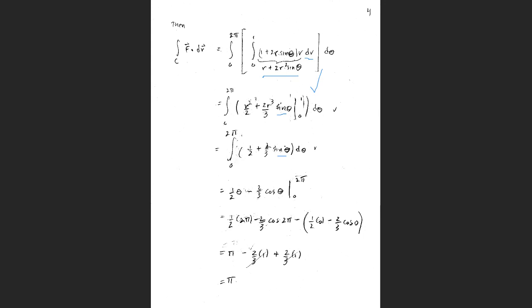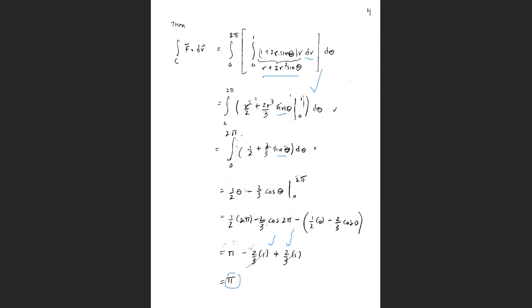Let's see here, everything looks good. Nicely, you got two terms that cancel out, and you're left with pi.